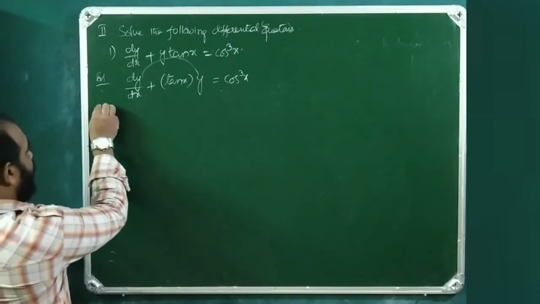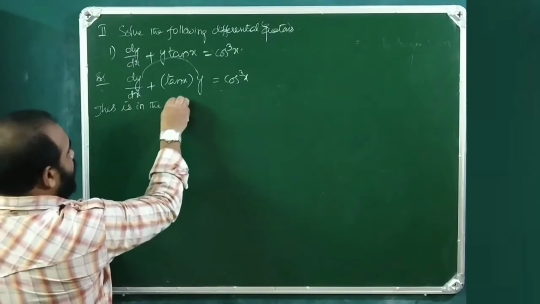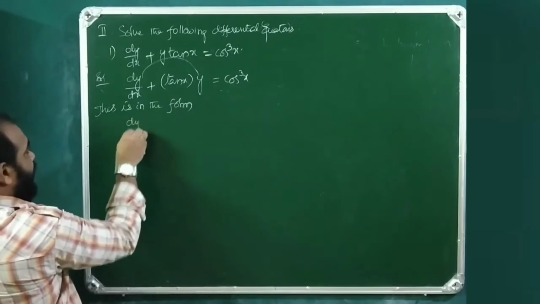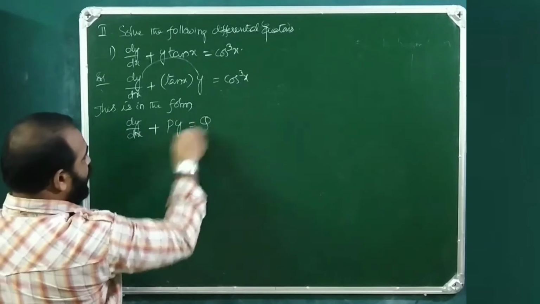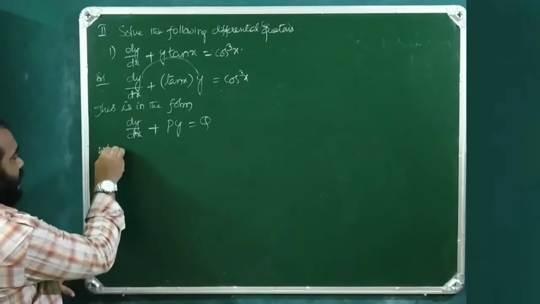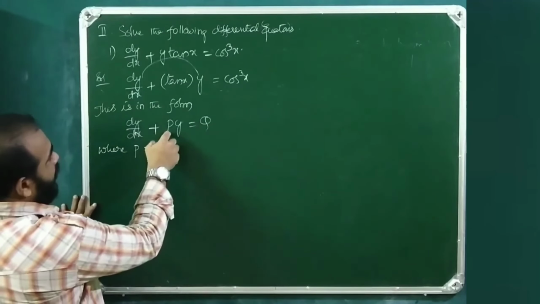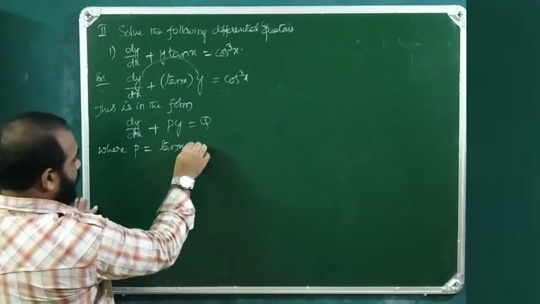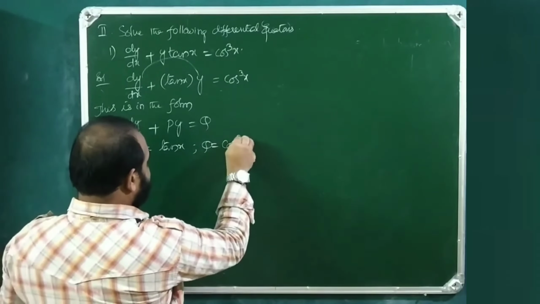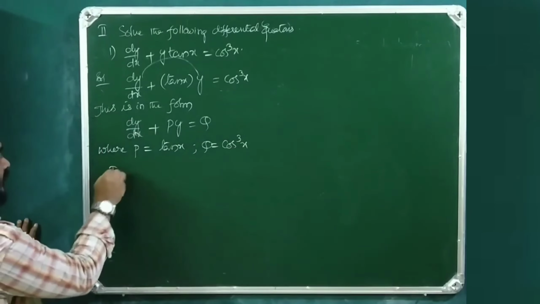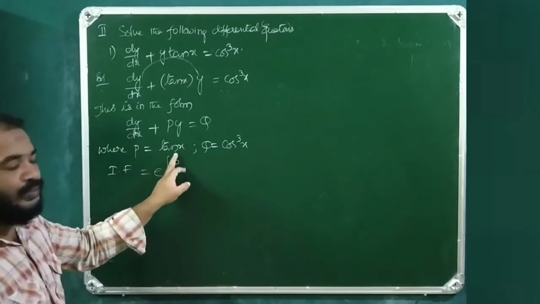Now this is in the form dy by dx plus py equals q, where p is tan x and q is cos cube x. So the integral factor is e power integral p dx, since p is in terms of x.